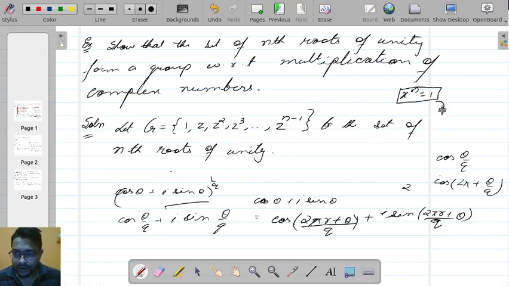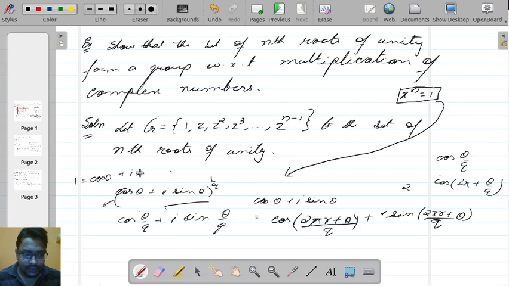So how can I write the nth root of unity in this form, cos theta plus i sin theta? 1 can be written as cos 0 plus i sin 0, right?